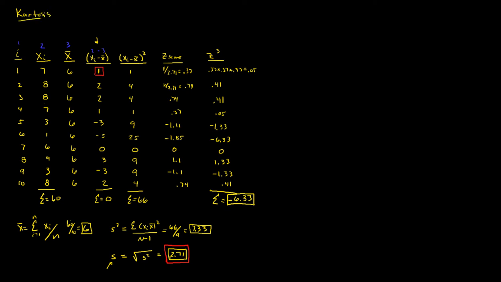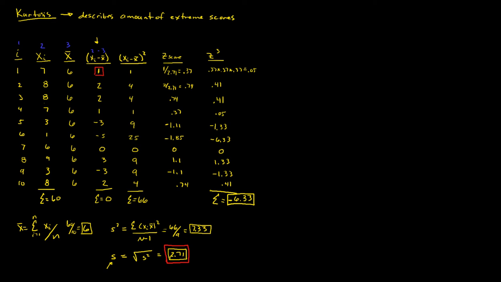Kurtosis. Again, let's just start with a working definition of kurtosis. Whereas skewness was talking about the asymmetry, kurtosis describes the amount of extreme scores.